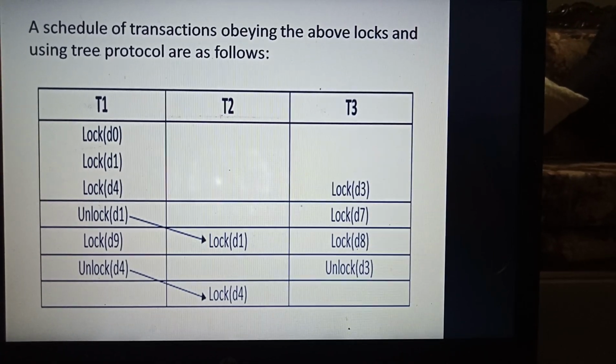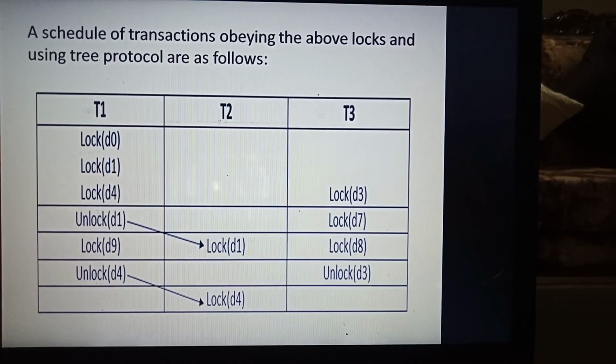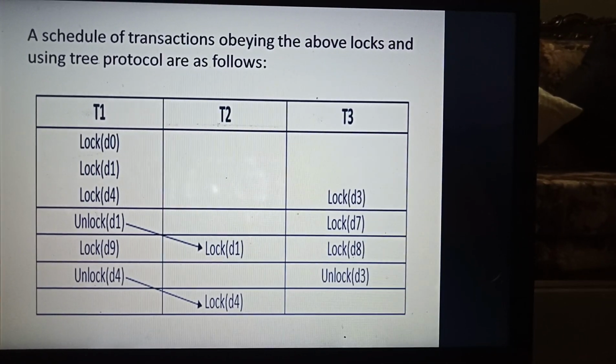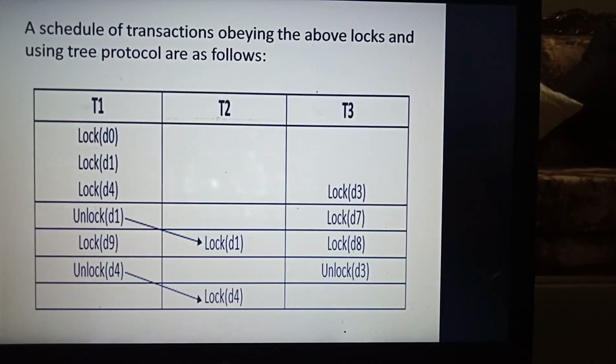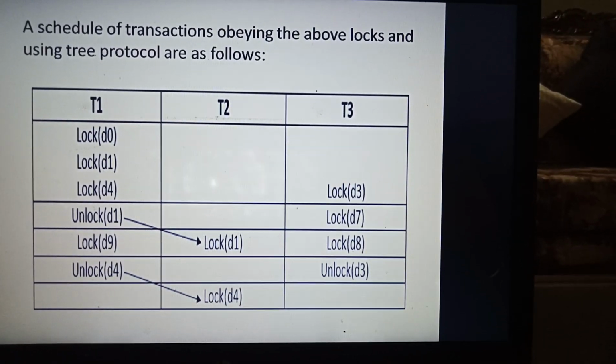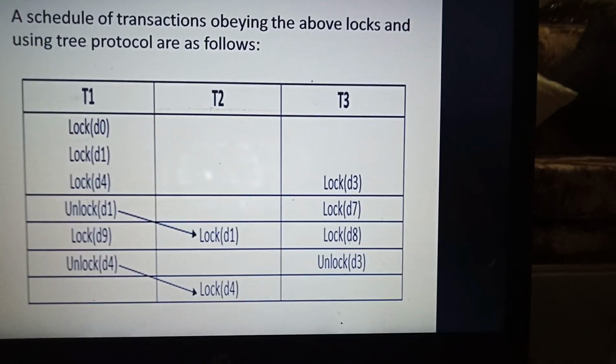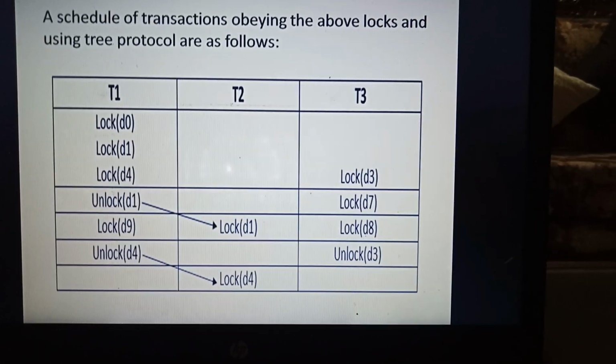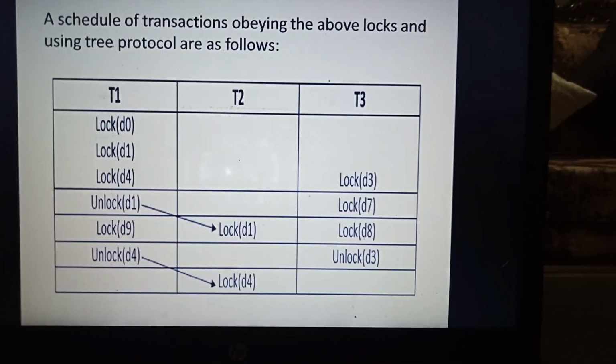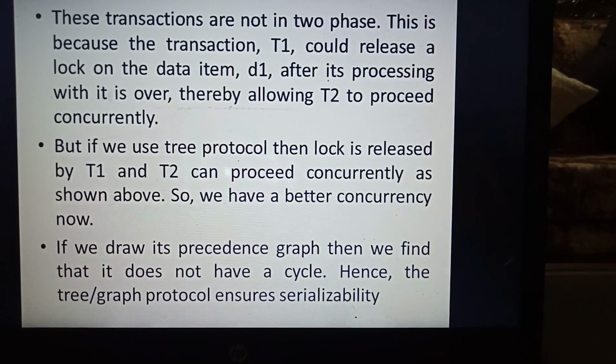Here transaction T3 can lock and unlock data items anytime because these data items are not accessed by T1 and T2. So it is not dependent on the unlocking done by T1 or T2.